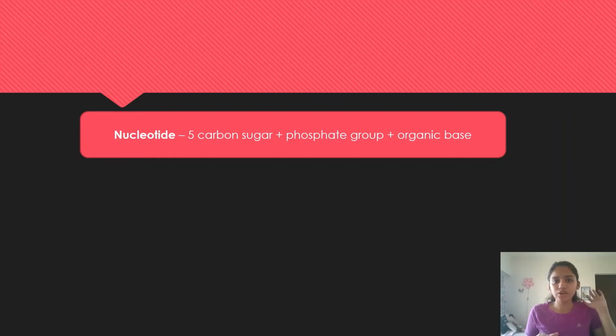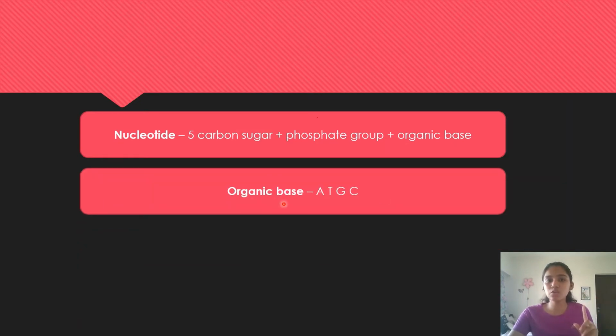So a nucleotide is a 5-carbon sugar plus a phosphate group, which means it has a molecule of phosphorus with oxygen, and an organic base. From these three terms, sugar, phosphate group, and organic base, we're going to focus on the organic base. An organic base could be either one of A, T, G, or C. What do these stand for?